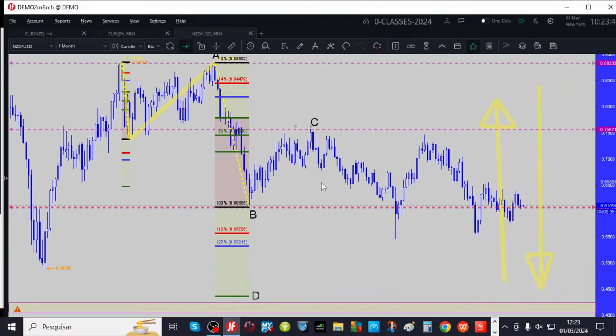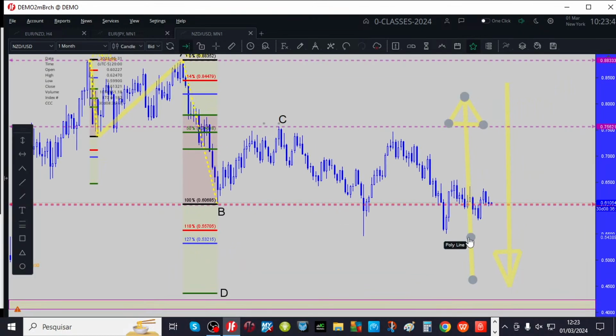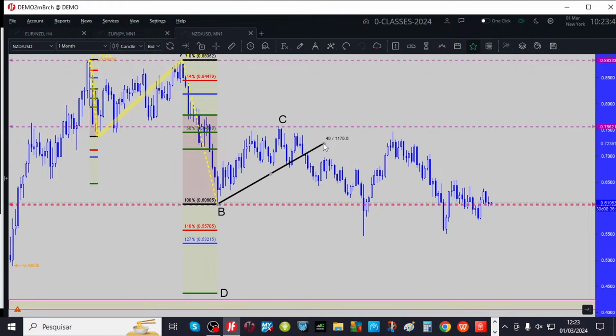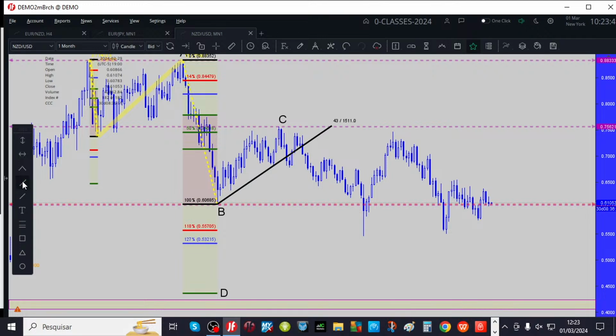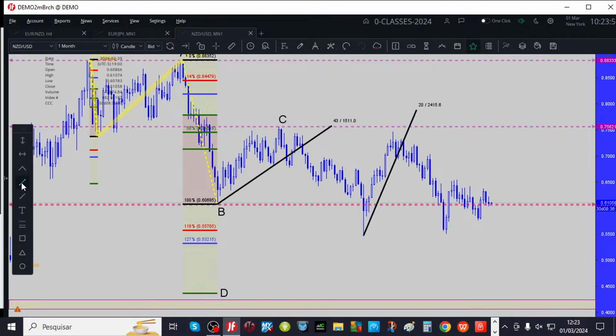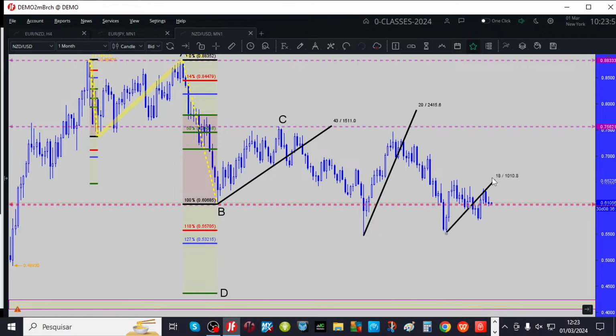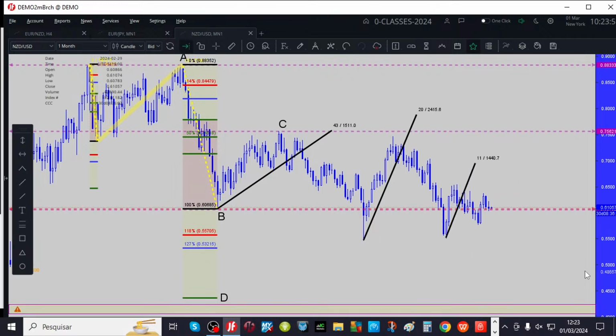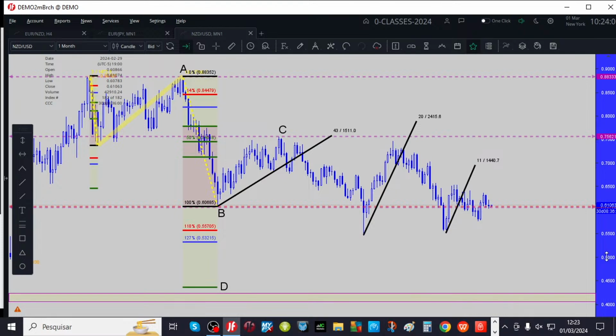Alright, so that's the C. And where should we profit take, everybody? If we shorted the market in here, or in here, or in here, where should we profit take? At the red, at the blue, or at the green?